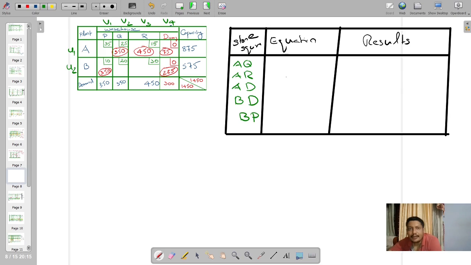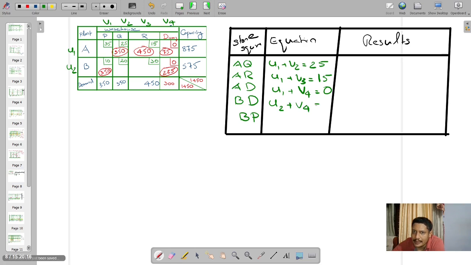So the equation for AQ will be U1 plus V2 equals 25. Next one, U1 plus V3 equals 15. Next, U1 plus V4 equals 0. Next one, U2 plus V4 equals 0.